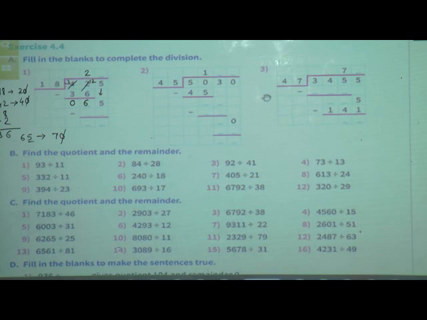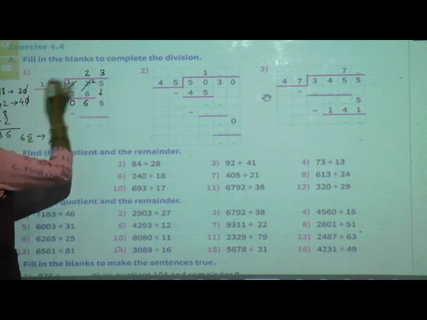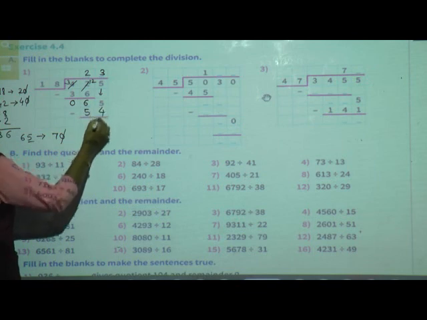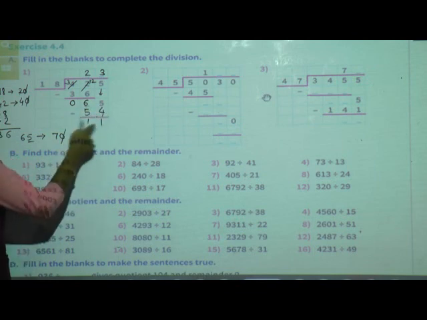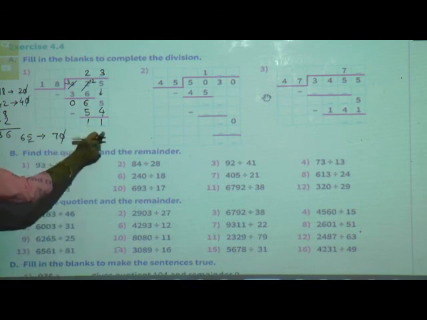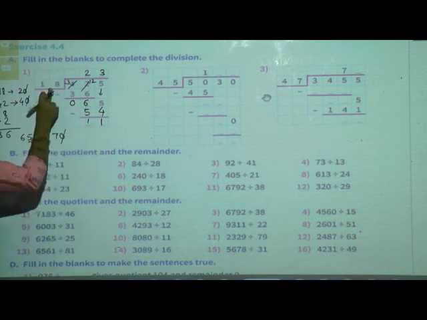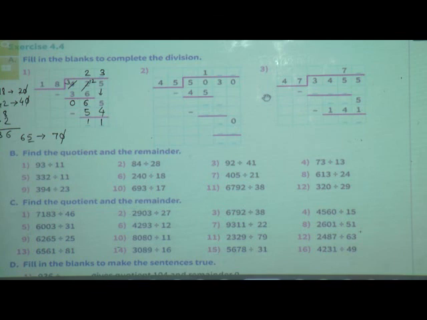So what do we have to take? 3 only. 3 times 18 is 54. Now 5 minus 4 is 1. 6 minus 5 is 1. 11 is remaining. Now 11 is smaller than 18, so we can't divide. Now our division is completed. Got it? Understood? Clear? Yes.